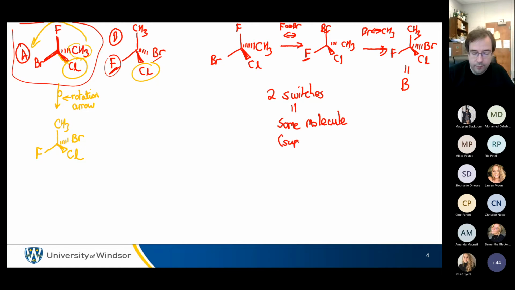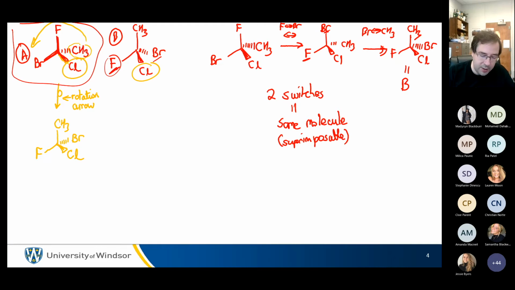Superimposable. Because if you are a superimposable molecule, you are the same thing, which means you are the same thing. Because if you're not the same thing, you're not superimposable. One switch would have been the enantiomer.